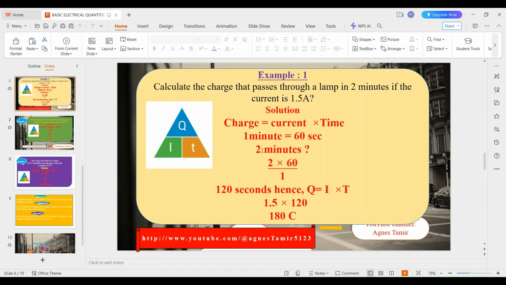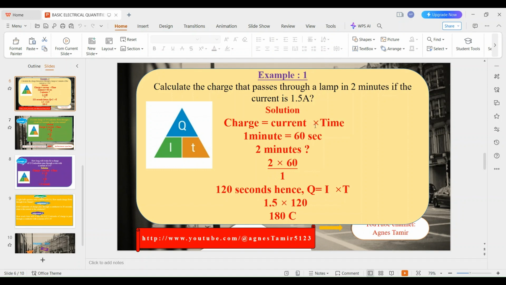What about 2 minutes? We shall cross multiply, that is 2 multiplied by 60 divided by 1. When you key in 2 multiplied by 60 on your calculator, you will have 120 seconds.